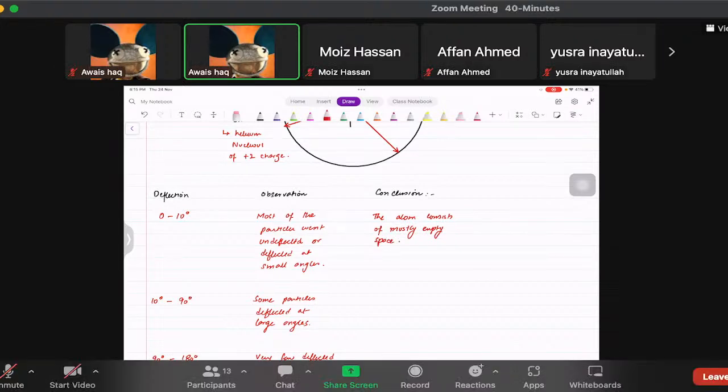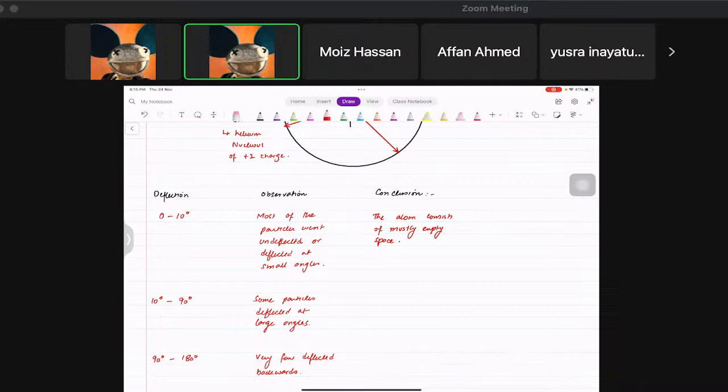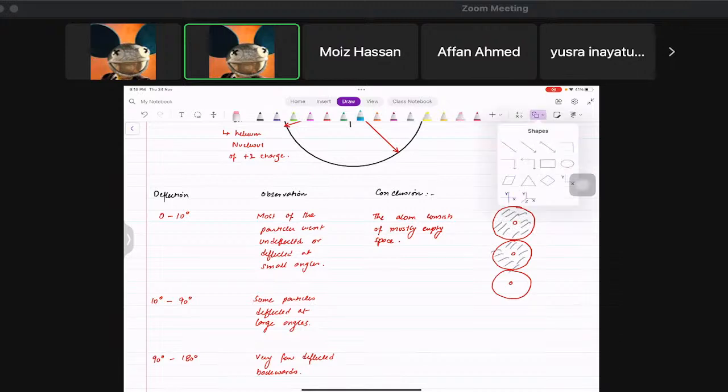And that is basically somewhat true, because when you look at an atom, like suppose the atoms of the gold foil were surrounded like this, most of it is just nothing. So the particles which were directed either went straight, or which were a little bit closer to it, deflected a bit. Is that clear?